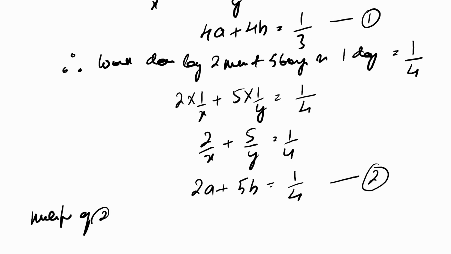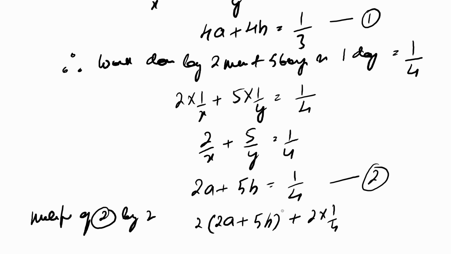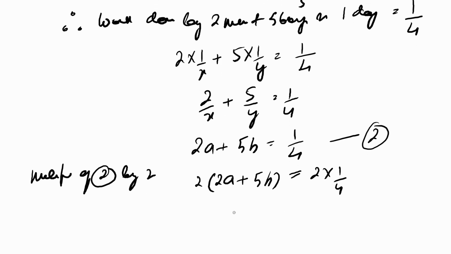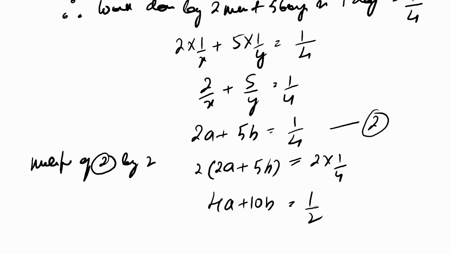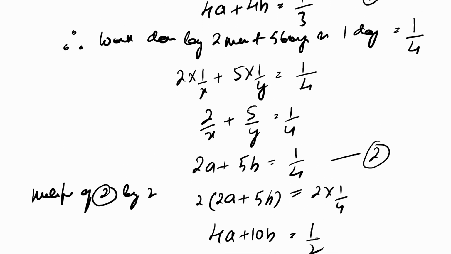Multiplying equation 2 by 2, what will I get? 2 into 2A plus 5B is equal to 2 into 1 by 4. So this will become 4A plus 10B is equal to 1 by 2.